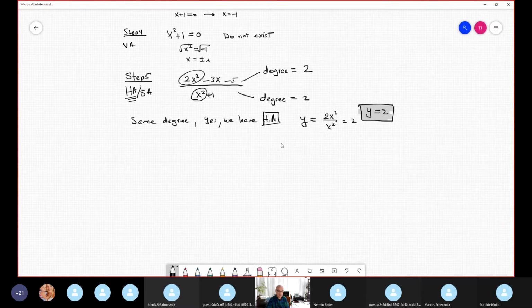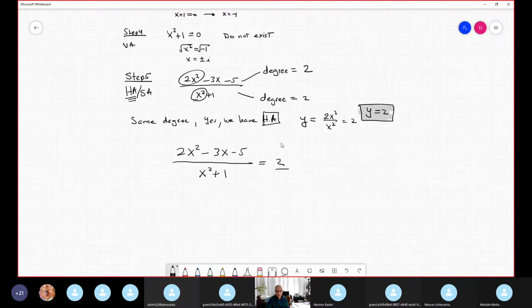To investigate that, you take the original function, 2x squared minus 3x minus 5 divided by x squared plus 1, and you set it equal to 2, because I want to discover the point in which the curve crosses y equals 2. Maybe we have nothing, or maybe we have, I don't know.